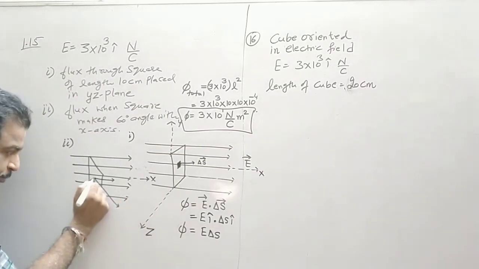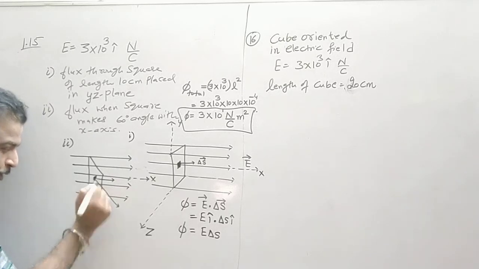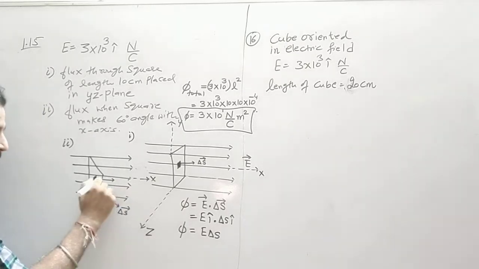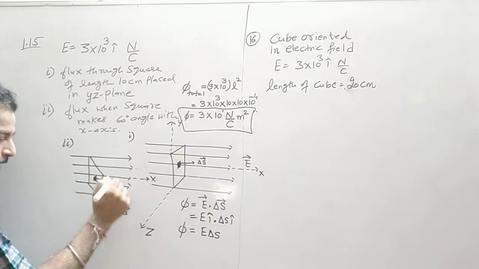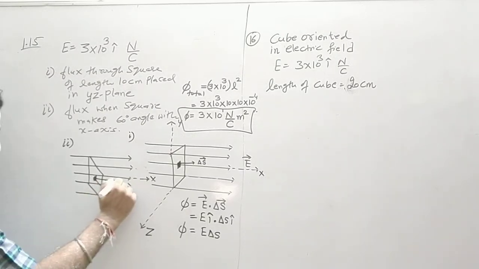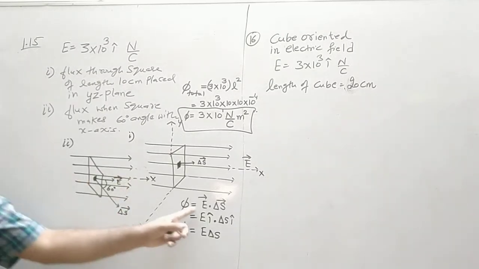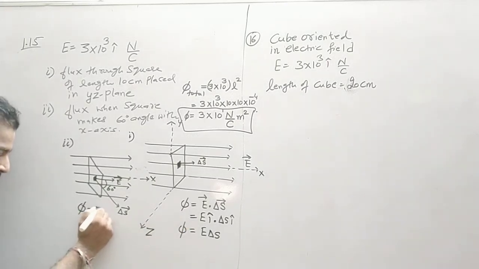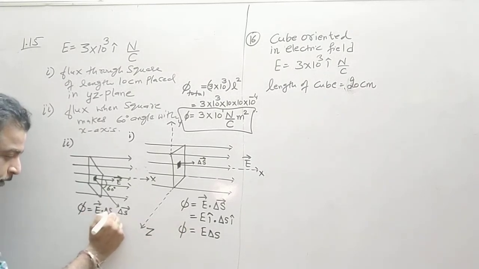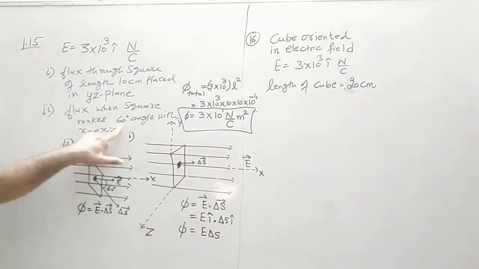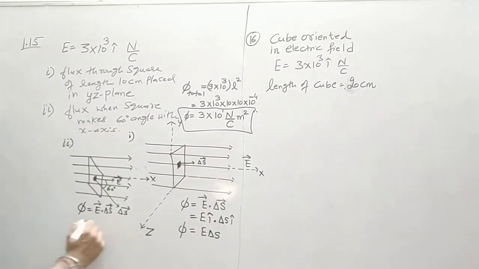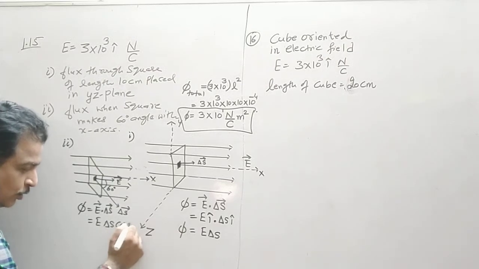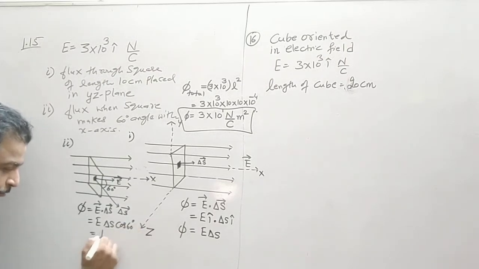Let us take this small element which we call area element delta S vector, and it makes an angle 60 degree. This is my E vector. Again using the same formula, flux can be written as E dot S. Because the question is in terms of angle, I will write this as E delta S cos of 60 degree, which is half.